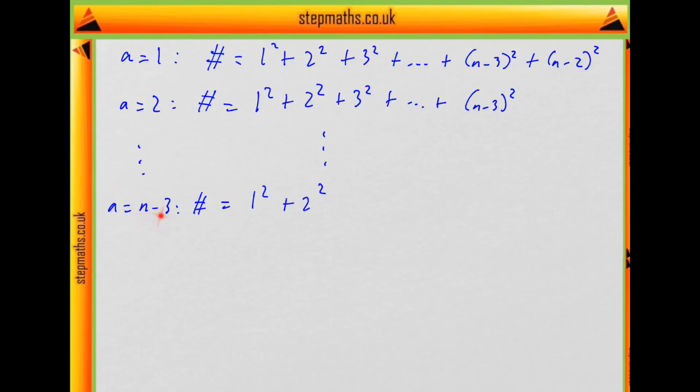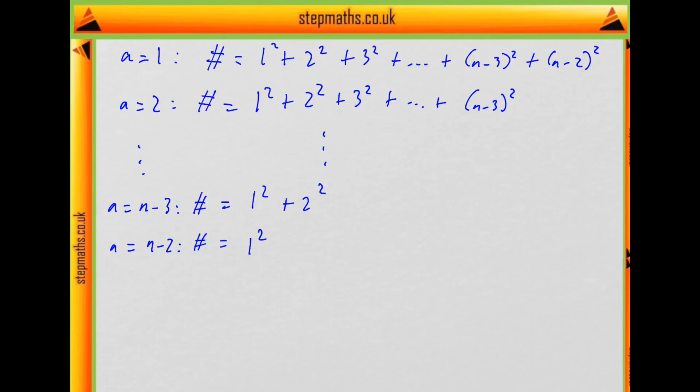If a is n minus 3, then b has to be 1 or 2, and we get this. And if a is n minus 2, the only value we can have is b is 1, and a plus b is n minus 1, and we can only have one of those. So this is the number of tilted squares with a equals 1, this for a equals 2, etc., all the way down.